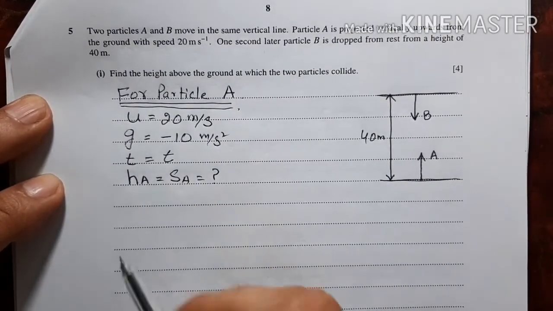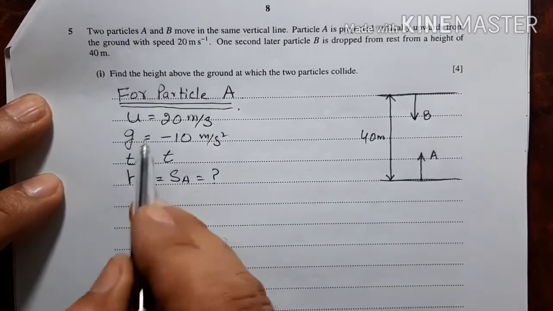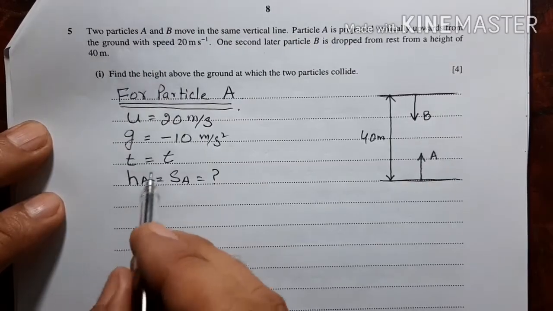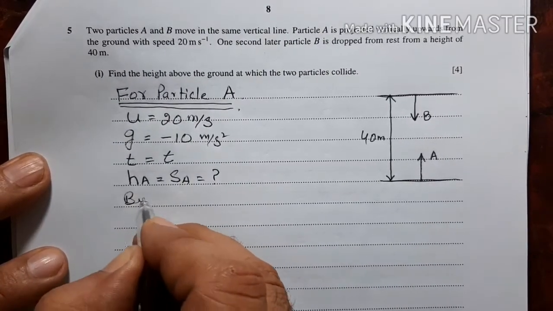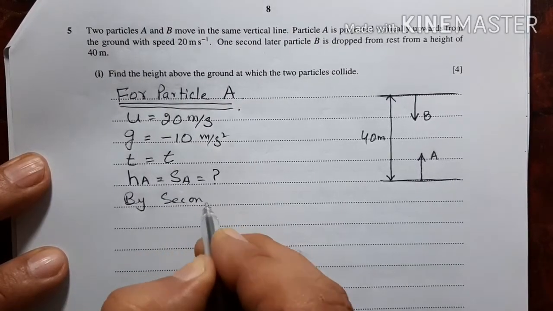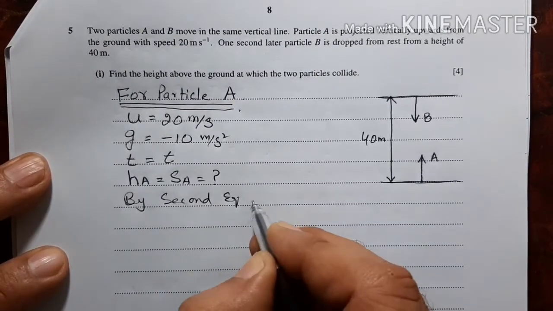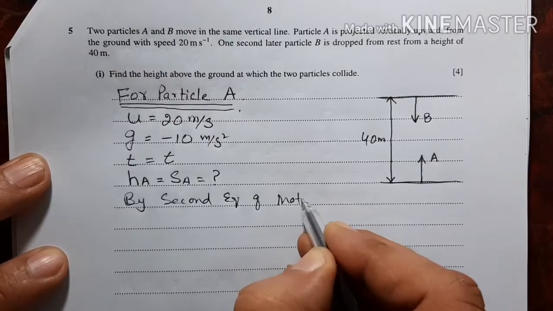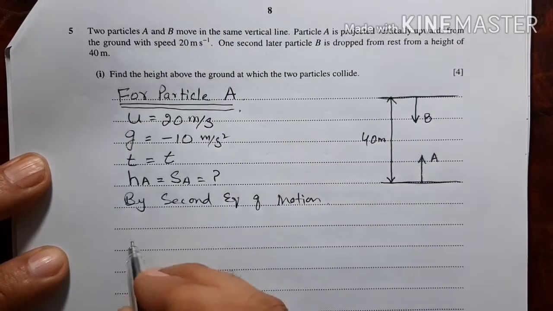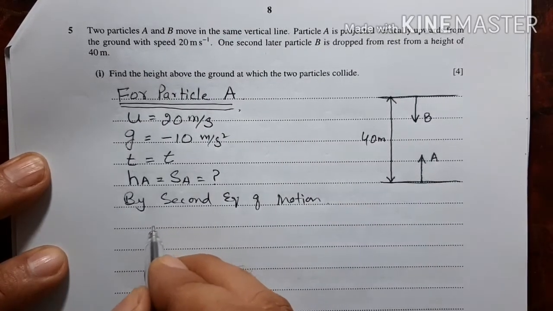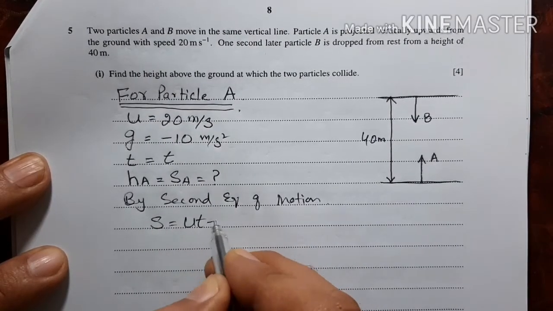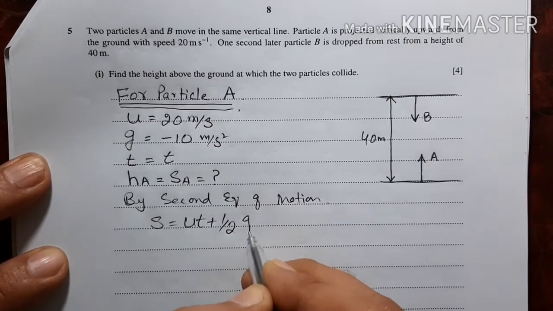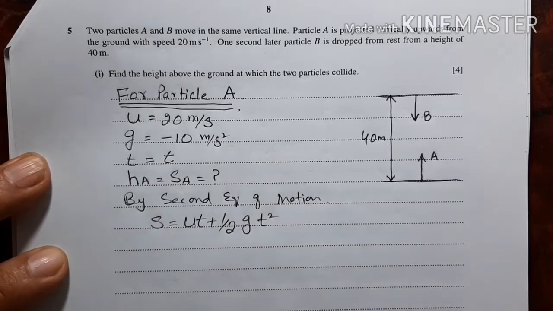If you closely see, we can use the second equation of motion, which is S is equal to ut plus half gt square.